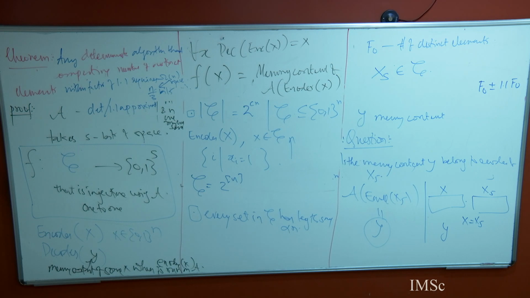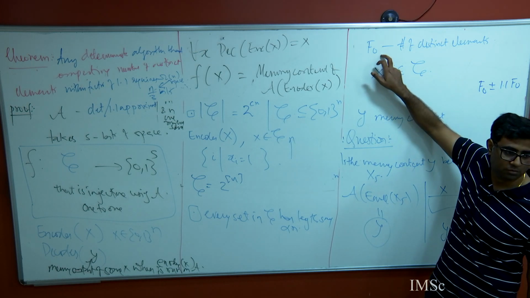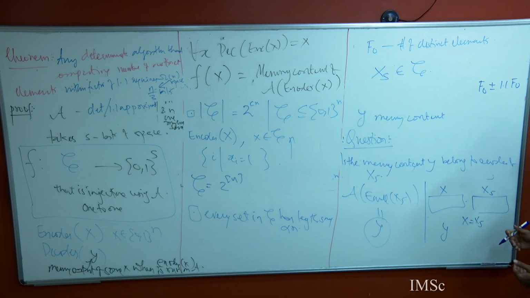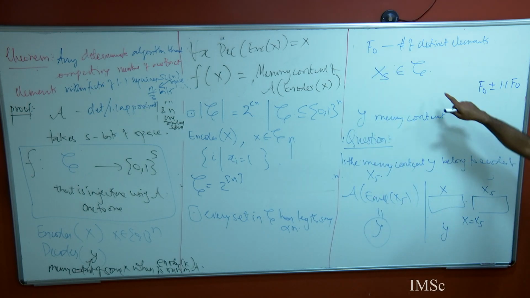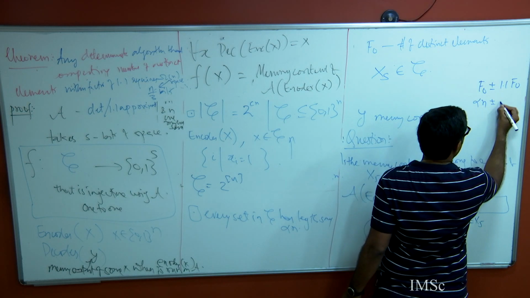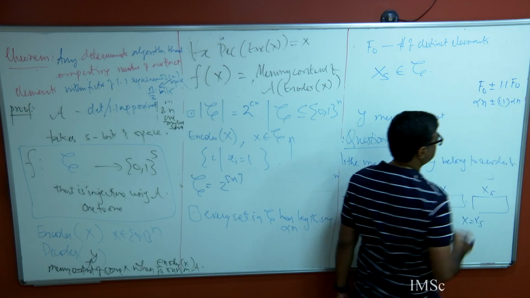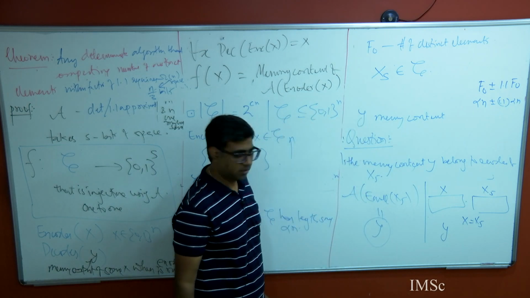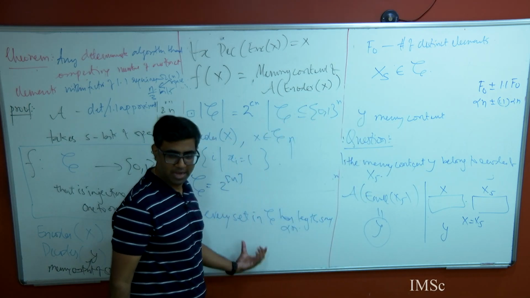So when x and xs are the same, it will be something like f0, right? And what is f0? Since every set has size alpha n, it is going to be some alpha n plus or minus 1.1 alpha n. This is what it is going to be, right? Because every set has alpha n elements.